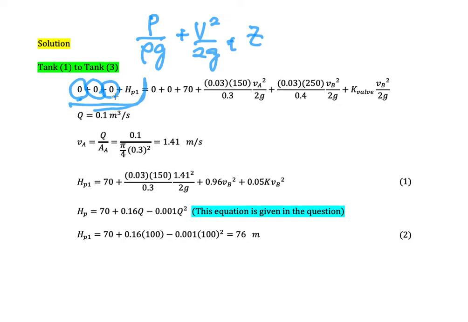So we have a 30 here, and when we have a pump, the head of the pump will appear in the inlet. So this is the inlet of this equation. So we have the head of pump for pump number 1. And then at the outlet here, we have the pressure and velocity here.